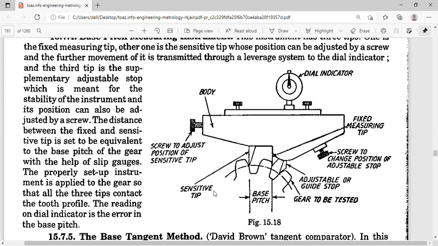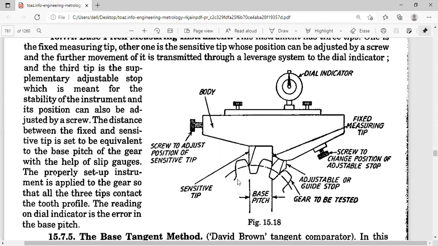You try to see the diagram related to the spur gear to find the base pitch value. Whenever a gear is manufactured, you have to assess its quality and see whether it has been manufactured to that value as per the drawing. After this, you have to go for setting of the instrument.